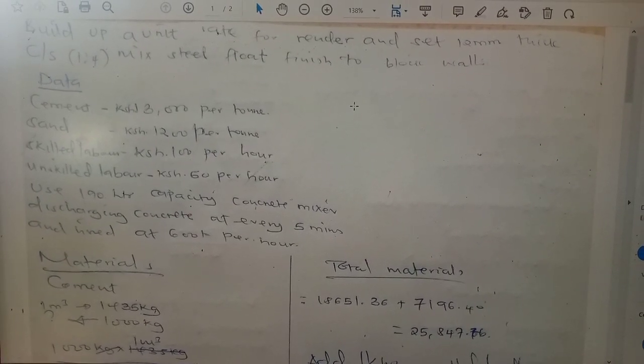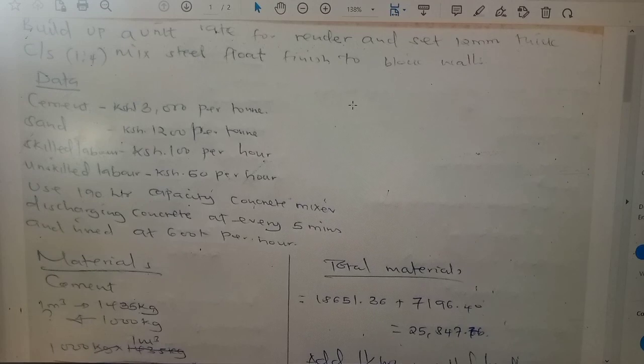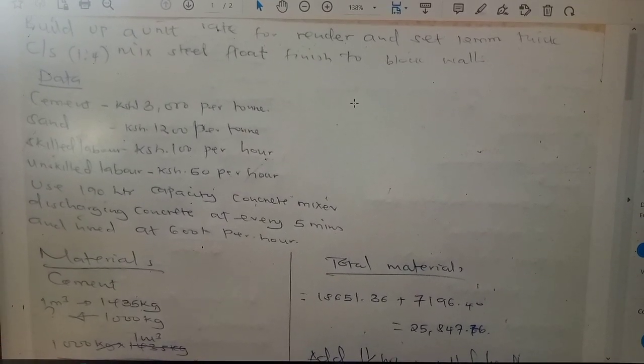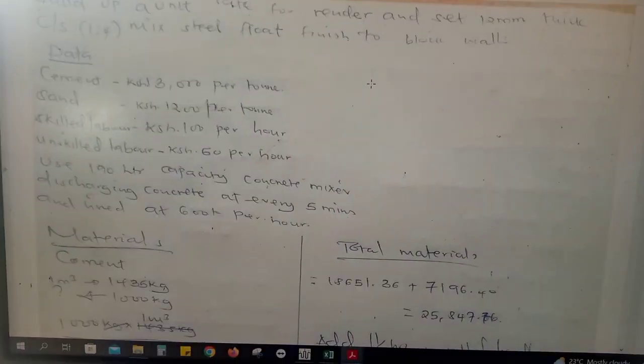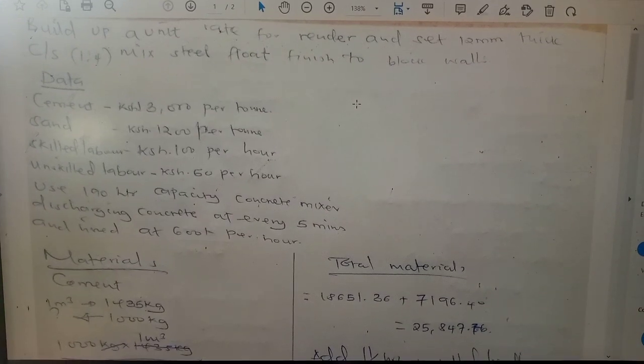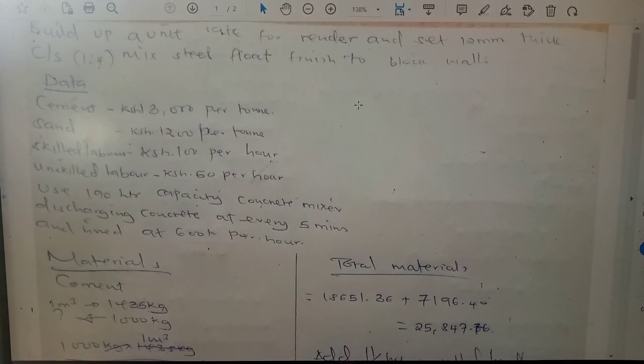Then we are told to use a 190 liter capacity concrete mixer, discharging concrete every 5 minutes, hired at 600 shillings per hour. So we are building up a unit rate for render.